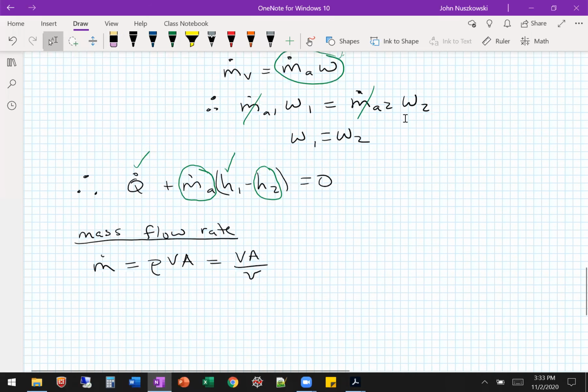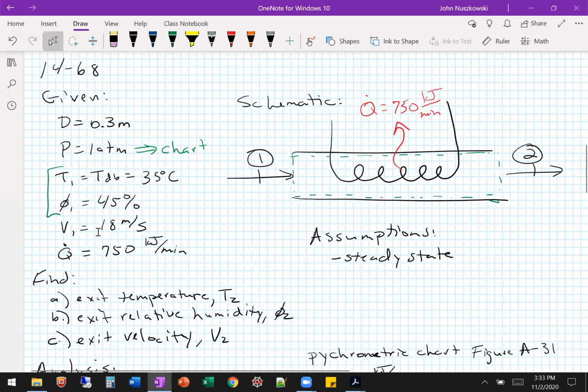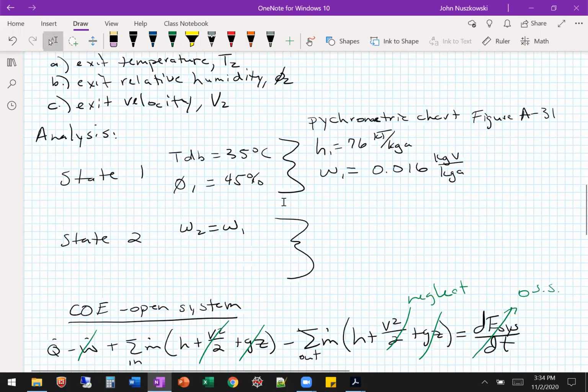For state 1, yes, we have a velocity and a diameter, and then we just have to look up specific volume.